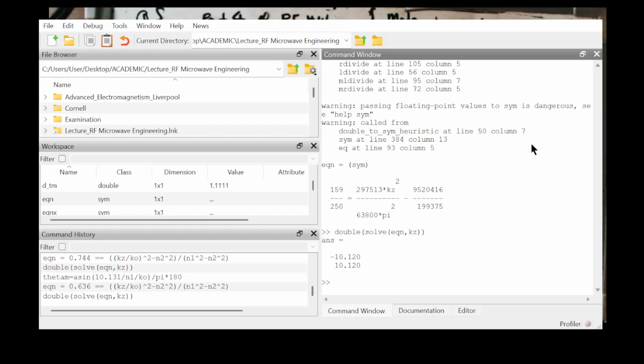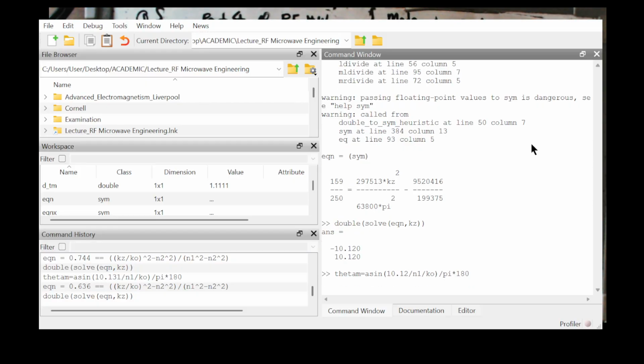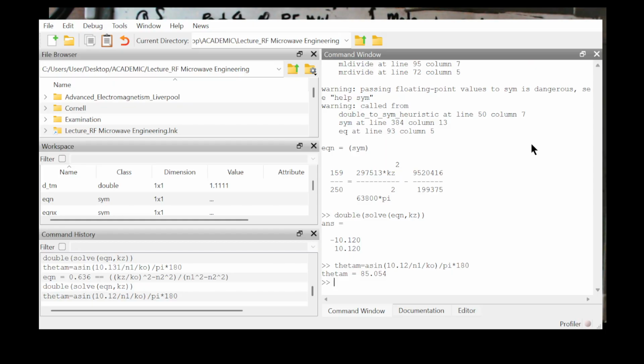And I got 10.12. And I'm going to solve for the theta m, the incident angle corresponding to this mode. And then I got 85.